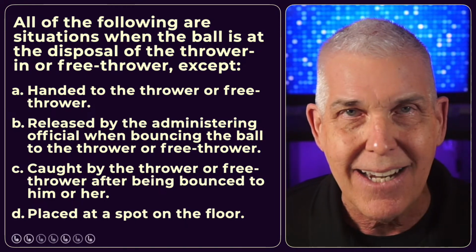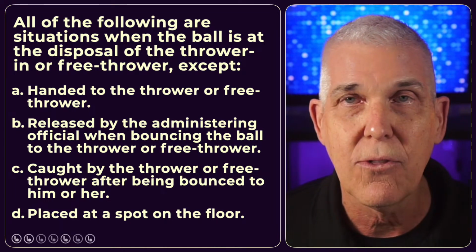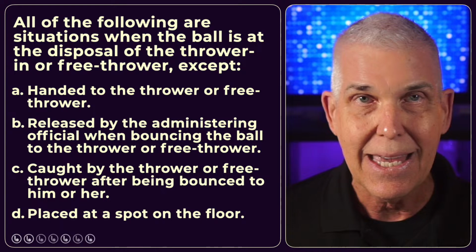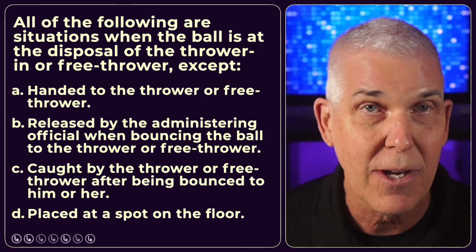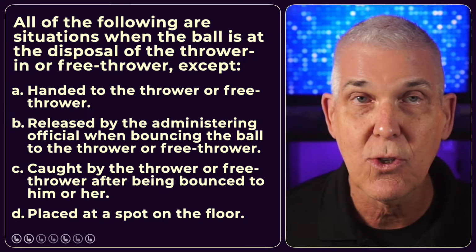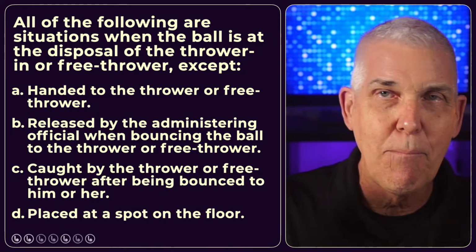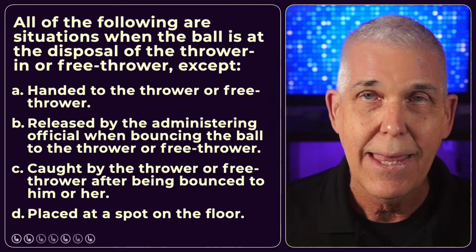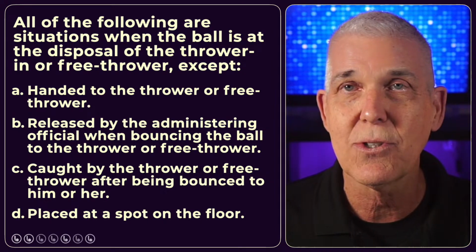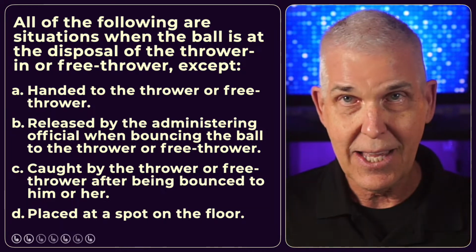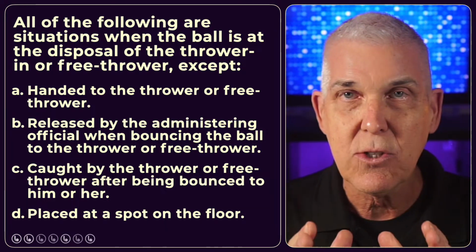A, if the ball is handed to the thrower or free thrower, the ball is at their disposal. B, if the ball is released by the administering official when bouncing the ball to the thrower of the free throw. So they've released a bounced ball towards the thrower. Is the ball yet at the disposal of that thrower? No, it's not.